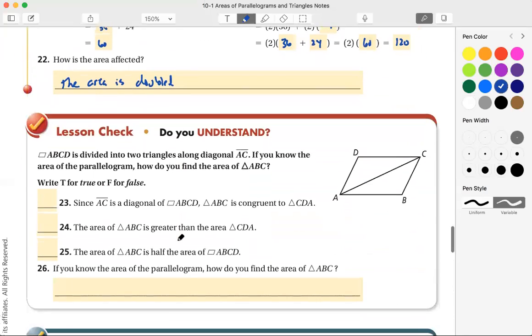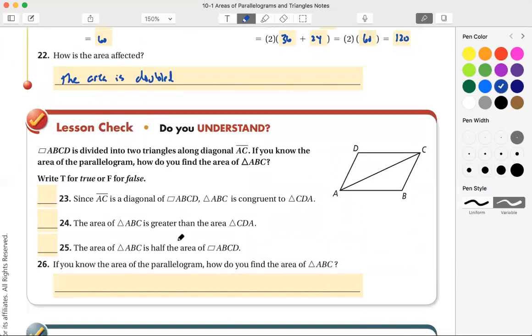Okay. Parallelogram ABCD is divided into 2 triangles along the diagonal AC. If you know the area of the parallelogram, how would you find the area of triangle ABC? Since AC is the diagonal of parallelogram ABCD, triangle ABC is congruent to triangle CDA. Is that true? Yes. The area of triangle ABC is greater than the triangle CDA?